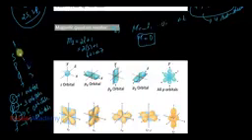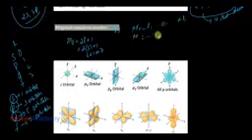If the value of L is 1, that is P, then what are the values of M? M can take values from minus 1 to plus 1, right? So M will have how many values? 3 values. So P subshell is split into 3 orbitals.